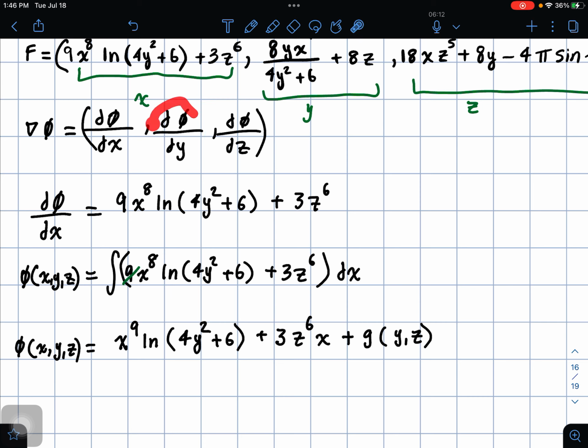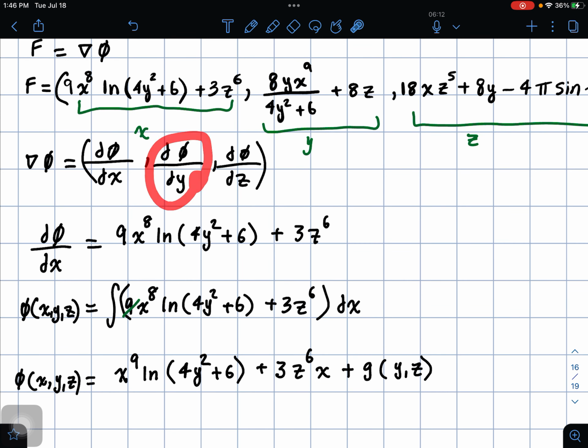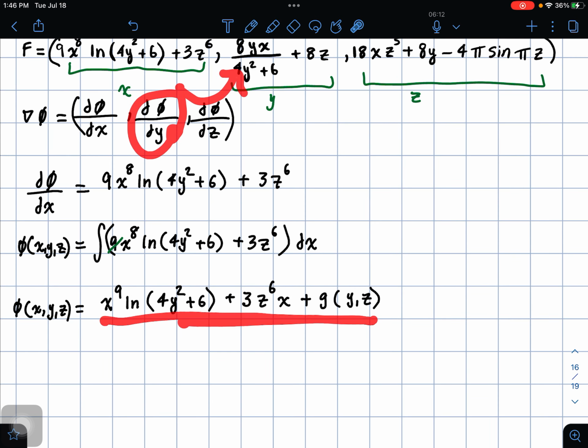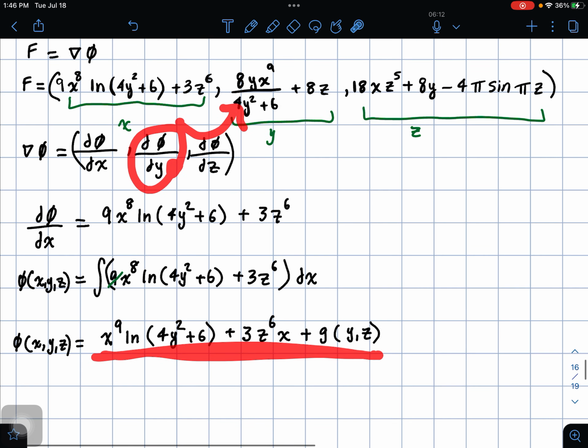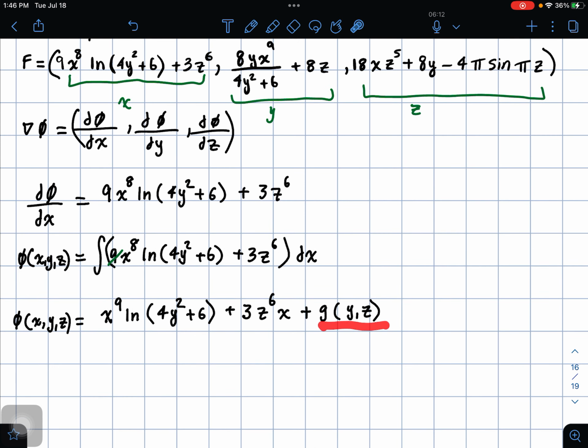If you take this and differentiate it with respect to y, then whatever we get is going to be equal to this, and this thing right here is equal to this, right? So we can take the partial derivative of this and set it equal to this, and hopefully it'll help us see if the constant depends on y. If it doesn't, then we have to check with respect to z, and if it doesn't with that either, then it's just a scalar constant.